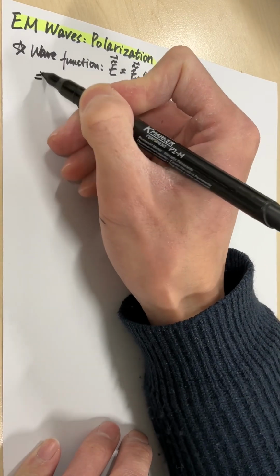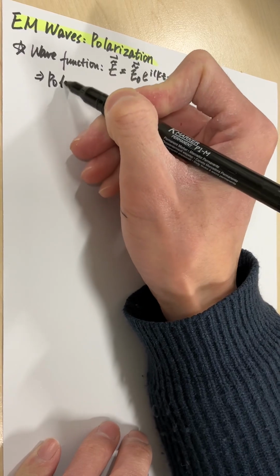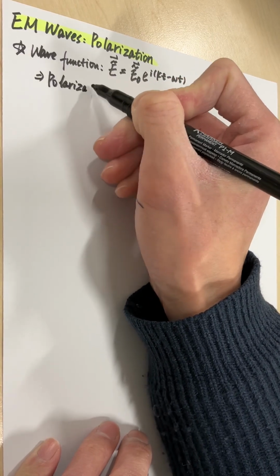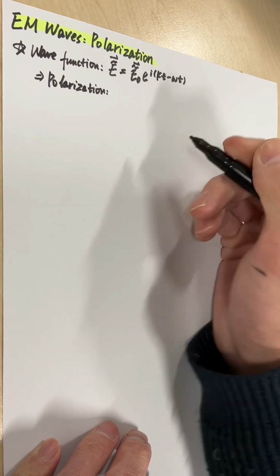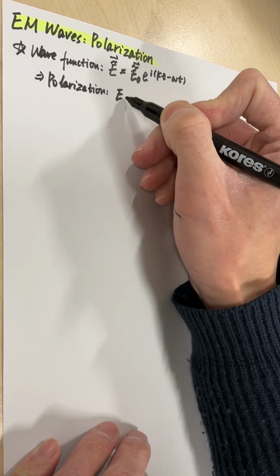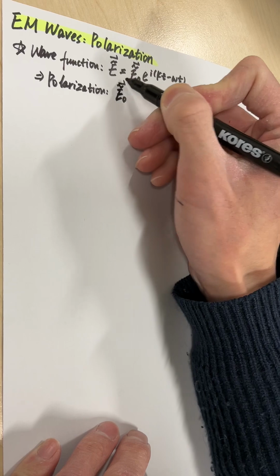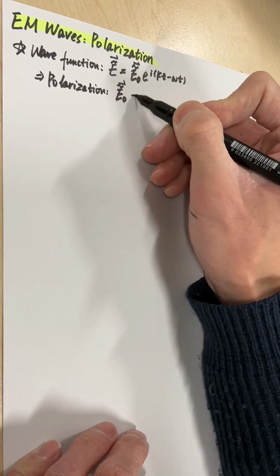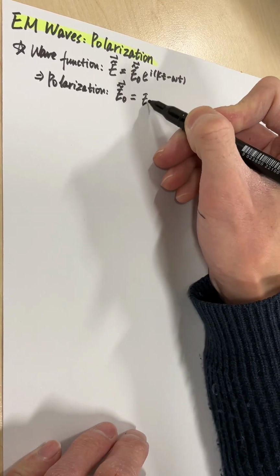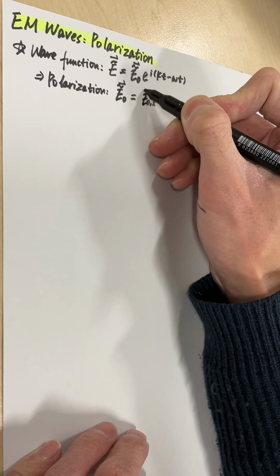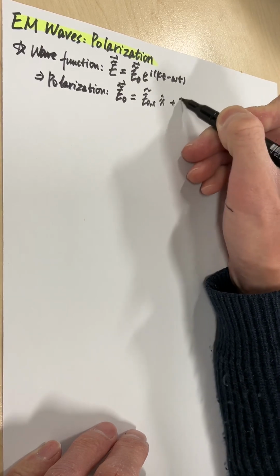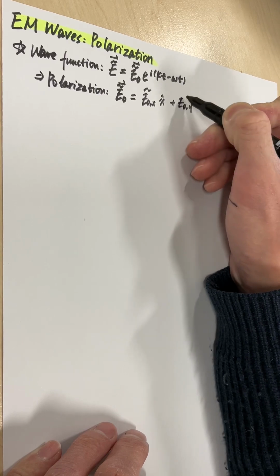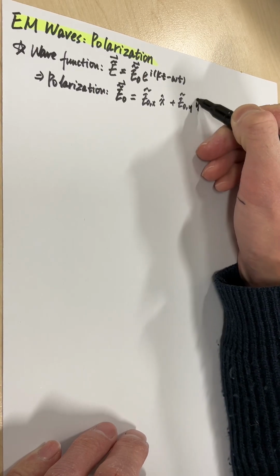So the polarization is a complex valued field. So we have E0, complex valued field, equals to E0x, the x component, and then E0y, the y component.